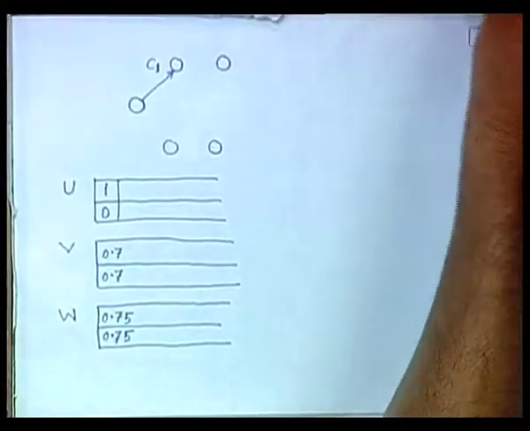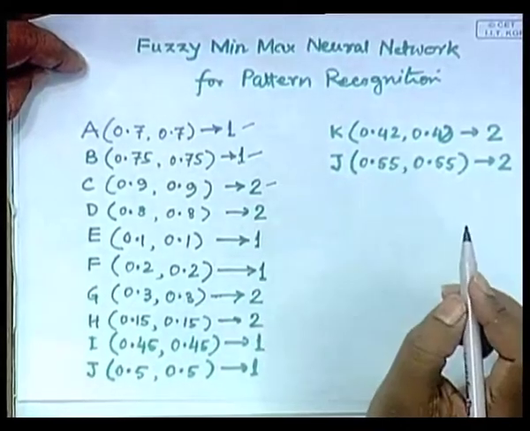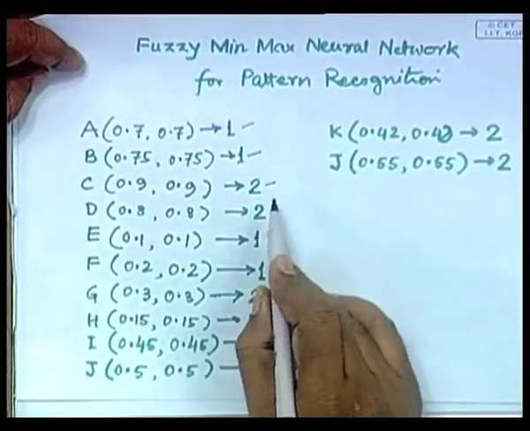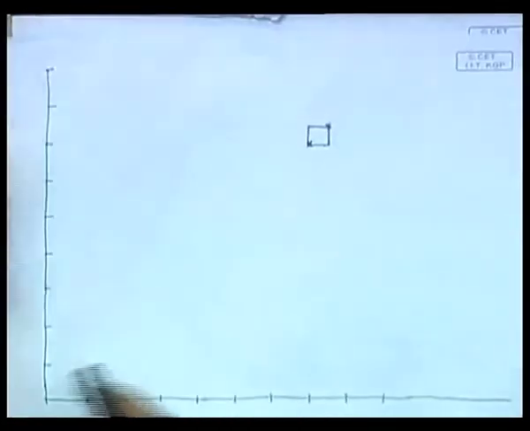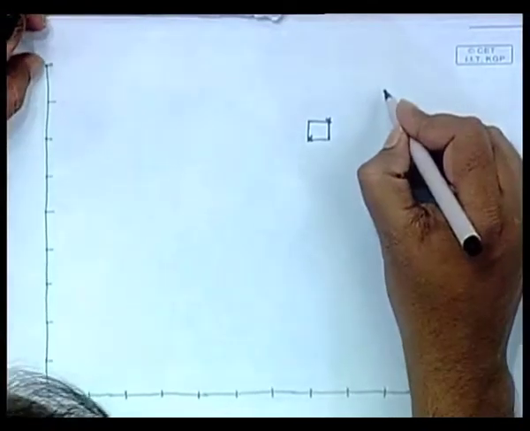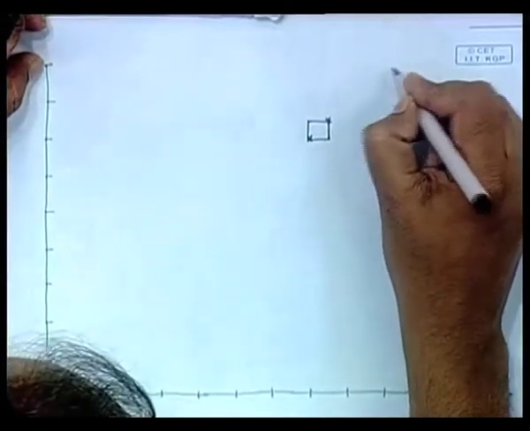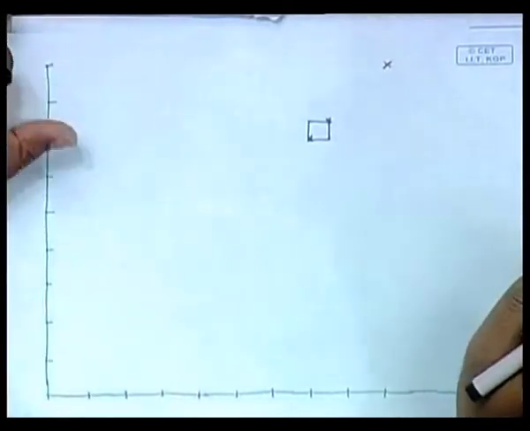Then I take the third training sample, (0.9, 0.9), and this sample belongs to class 2. Obviously, I have to make a new hyperbox, which will again be a point hyperbox at (0.9, 0.9), somewhere over here.